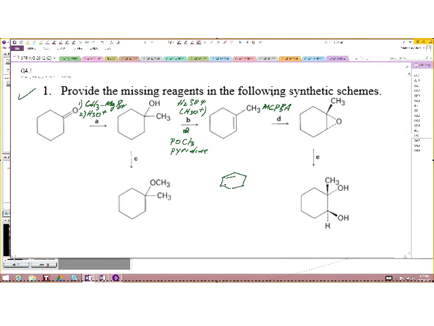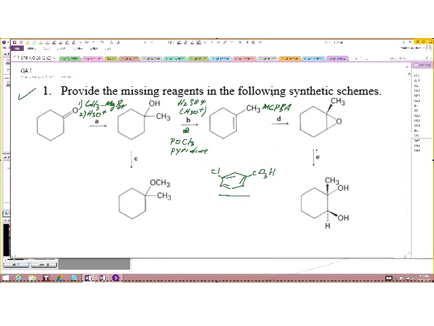See, once you know your reagent, most of your problems in organic chemistry will be solved. This is m-chloroperbenzoic acid. That is the reagent that will transform a carbon-carbon double bond to an epoxide. In other words, what this reagent does is to add an oxygen across a carbon-carbon double bond right here.